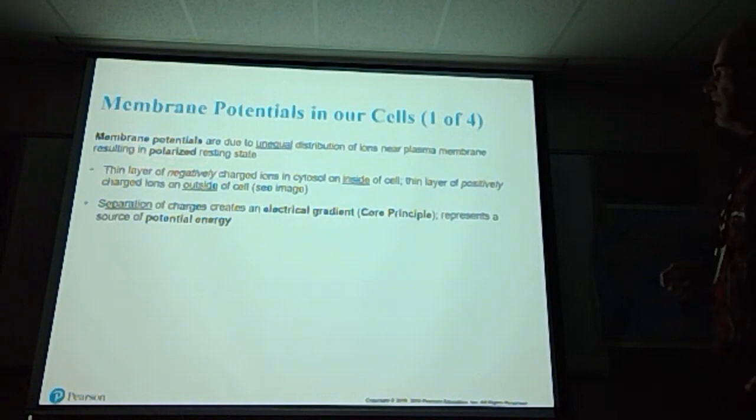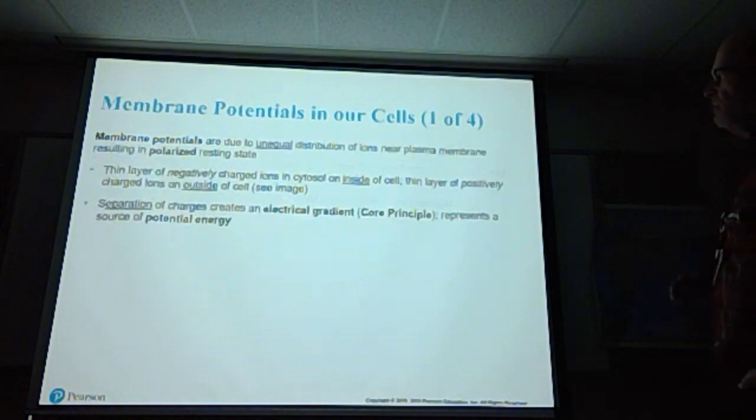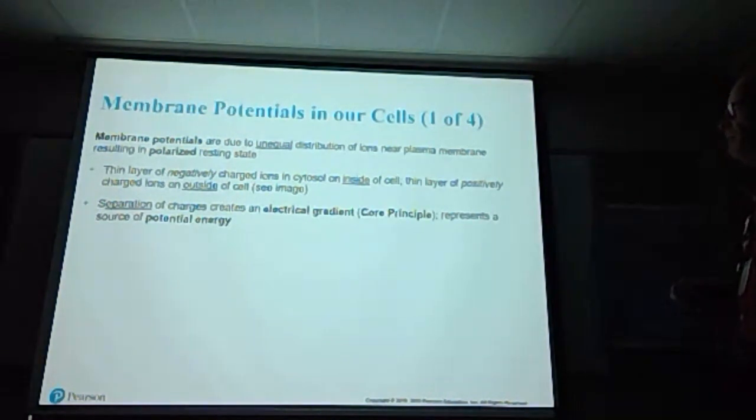There is a thin layer of negatively charged ions in the cytosol on the inside of the cell. There is a thin layer of positively charged ions on the outside of the cell, which we're going to show you an image of in a moment. The separation of charges creates an electrical gradient. Remember our core principles from chapter 1.